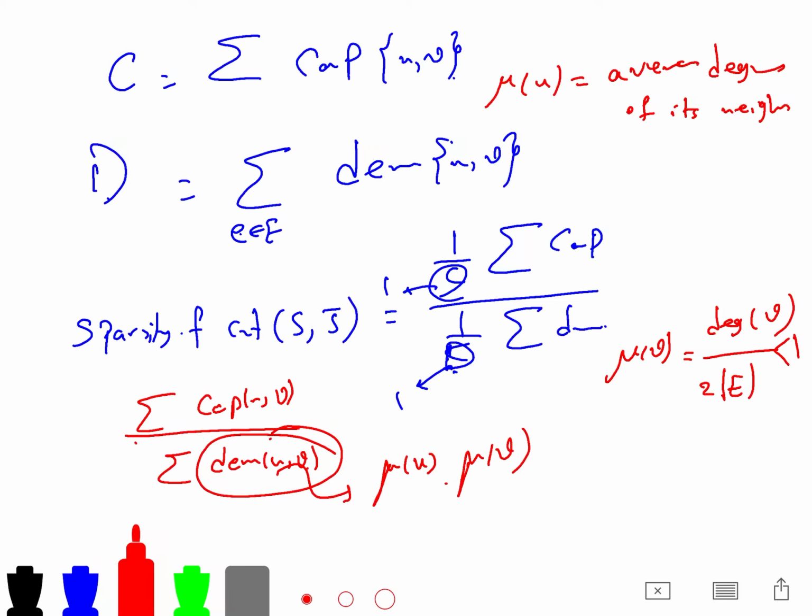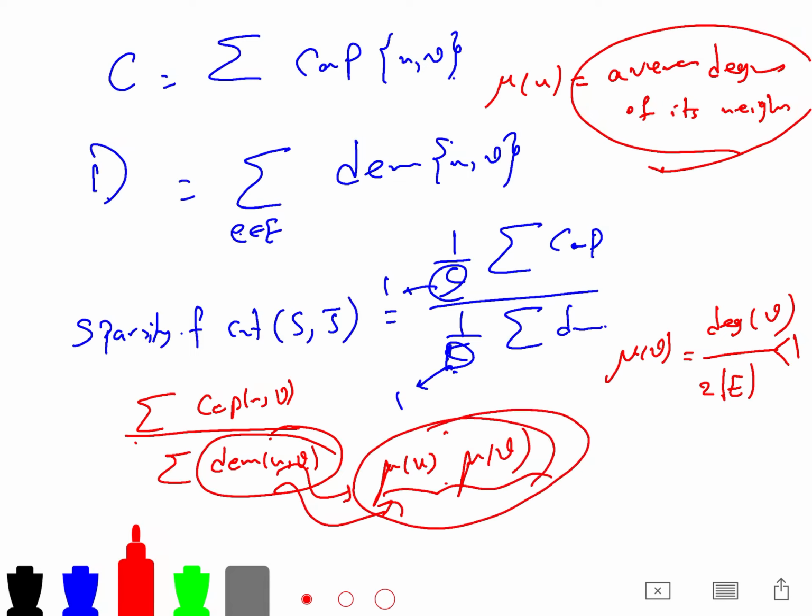He minimized an objective, and the solution was just the harmonic function. And that's why this average degree plays an important role. So I was saying that the demand could be anything, but for the simplest case say it is the product demand. This is the product demands.